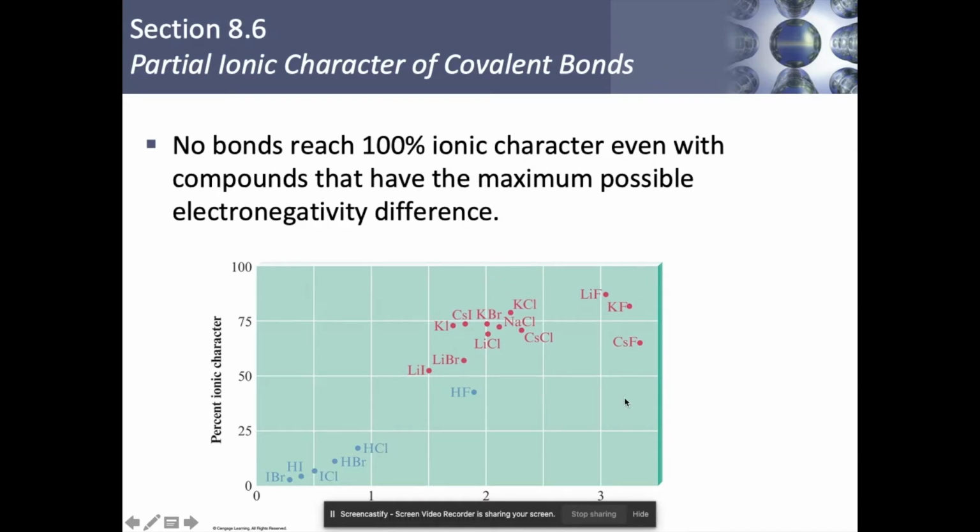But take a look at these. We've got cesium and fluorine here. So we've got cesium fluoride. They're about as far apart as you could possibly get with regard to electronegativity. And notice that if we're looking at the percent ionic character, it's still around 70%.